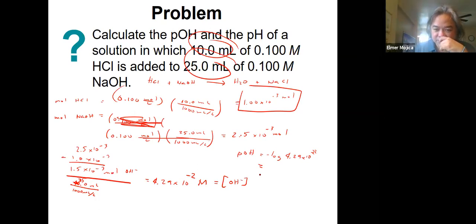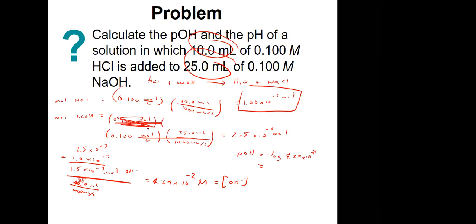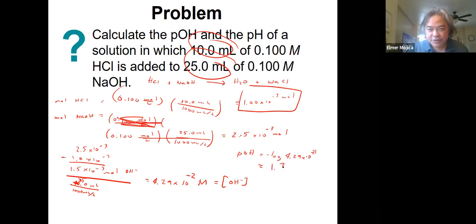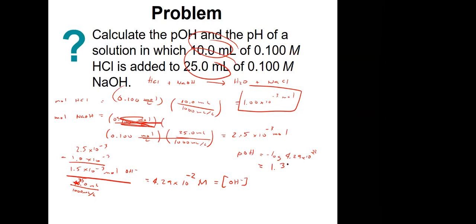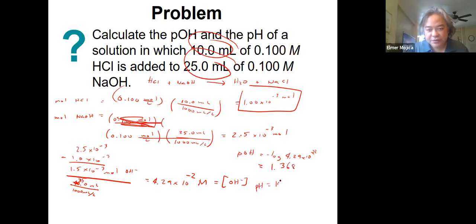So what do you get? pOH equals 1.368. And to get the pH, it's just 14 minus 1.368, giving you a pH equal to 12.632.